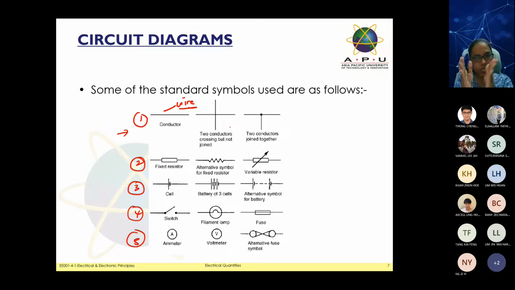Now you move to the second column here. In the second column they show you two lines overlapping. You can see this line, I put line A, this one line B, looks like an overlap. But what they let you know is the two conductors are crossing but not joined. It means they are not connected.